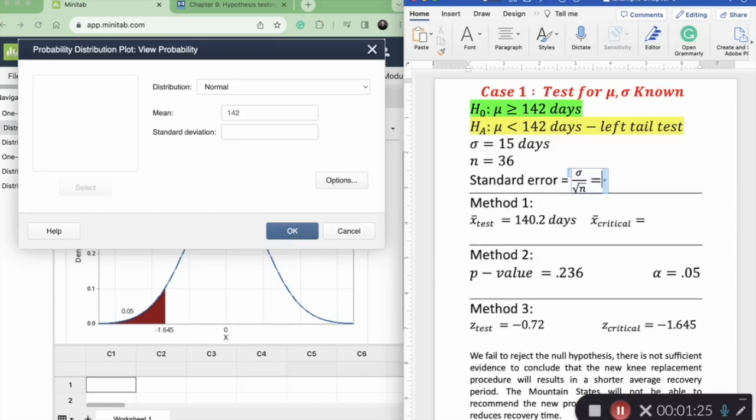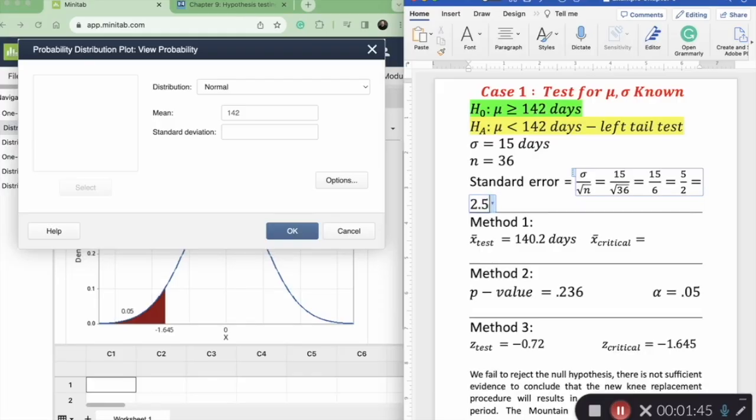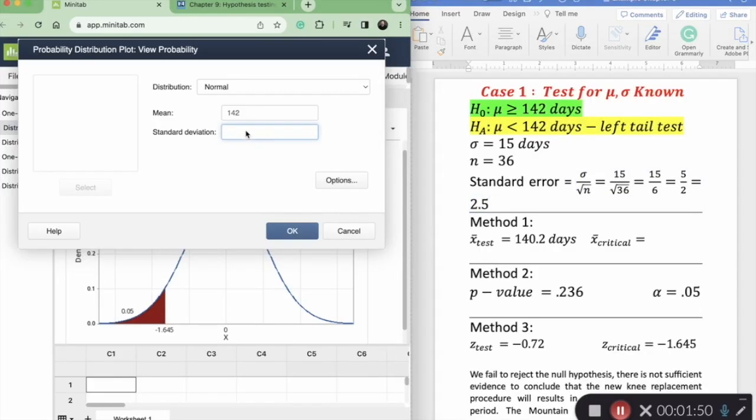So this is equal to 15 divided by the square root of 36, which is 15 divided by 6, which is 5 over 2, which is 2.5. So 2.5 is the standard error.